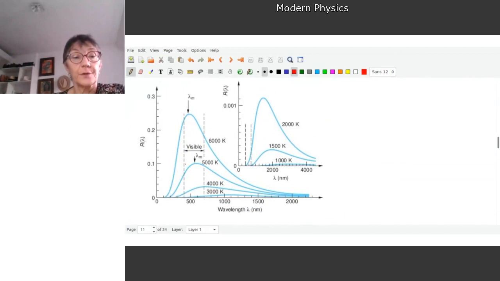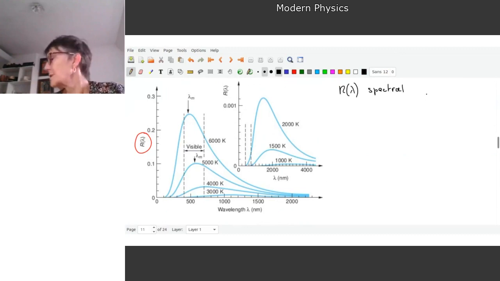So this is the result. You have here the spectral R as a function of the wavelength, called the spectral power, spectral distribution function.